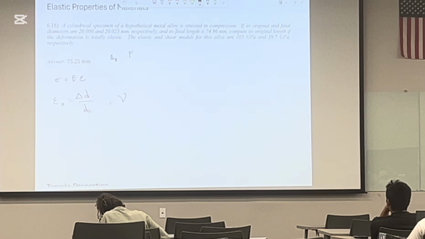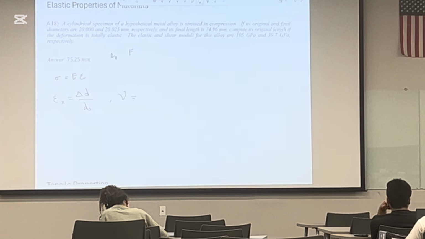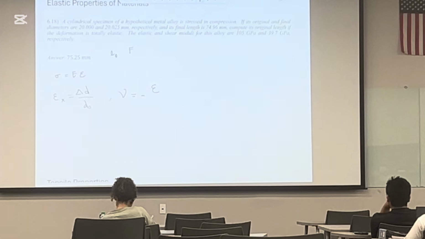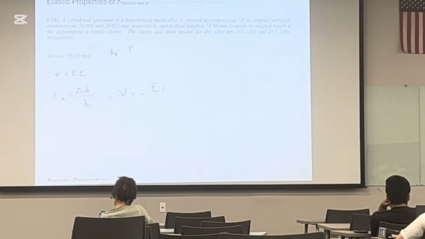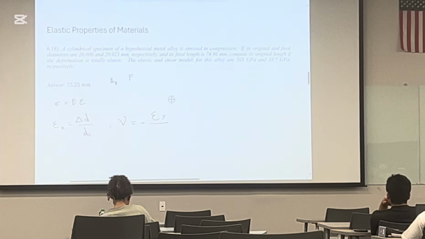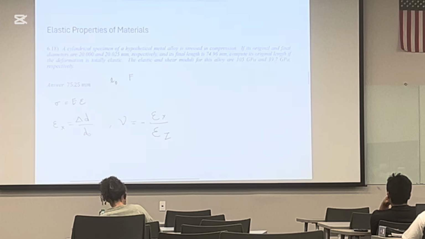And if you remember from the lecture, we had two different formulas for the Poisson ratio. One, which we saw in the previous question, is something like this. But we also have another formula, which is this, right?